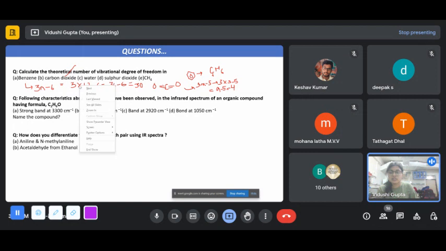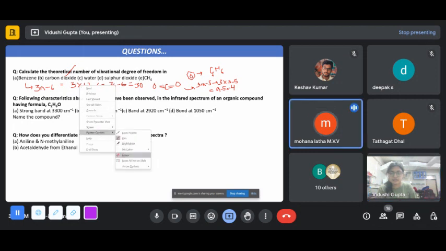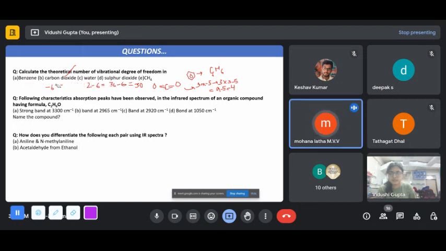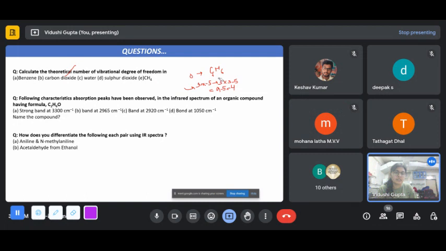Now what about water? Non-linear molecule, 3n minus 6. Why is water a non-linear molecule? What is the shape of water? Angular shape. Yes, it will be bent or V shape.